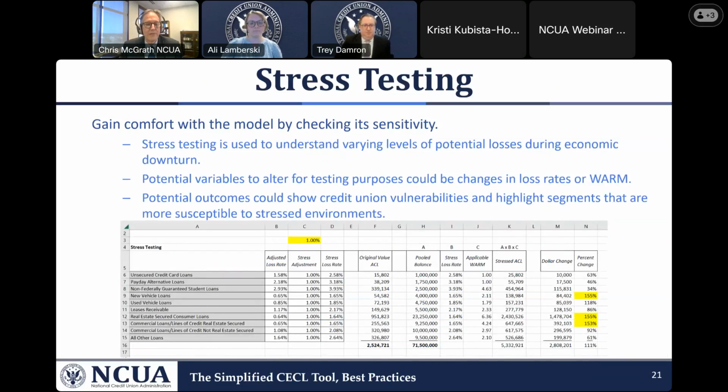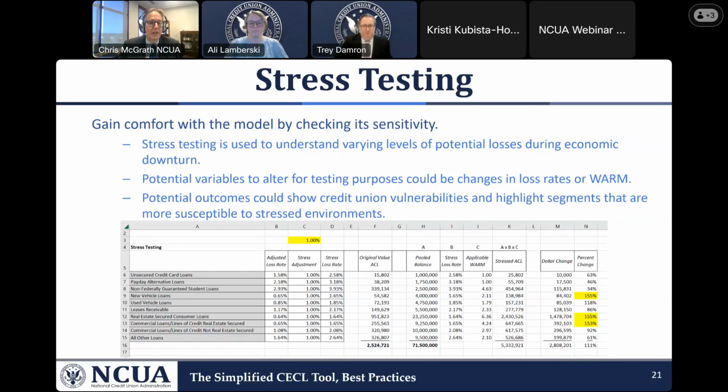Now, this is one of my favorite best practices, stress testing. And we have an Excel here where we have gone through and increased the loss rates on all the loan portfolio segments by 1%. We need to see how sensitive the credit loss estimate is to changes of our assumptions.